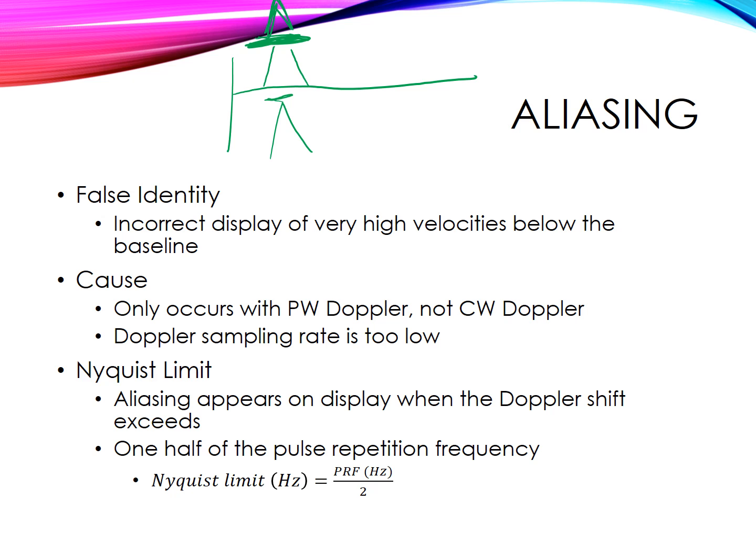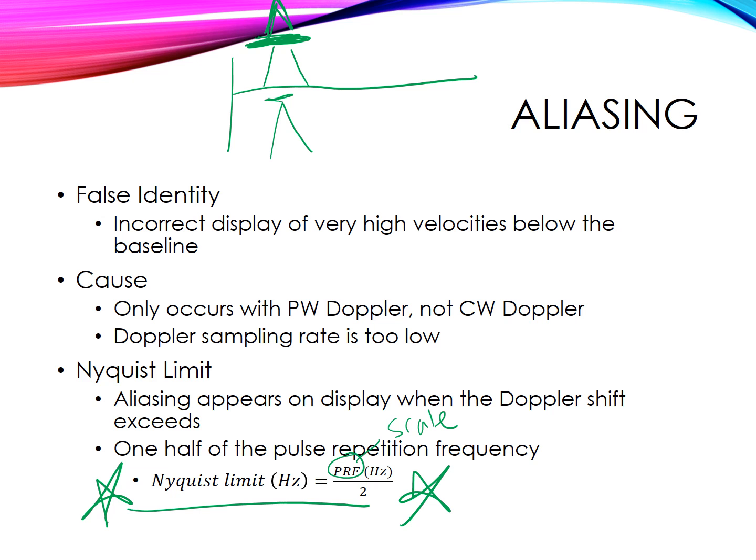So that Nyquist limit we kind of consider to be a speed limit. And that aliasing is going to appear when the Doppler shift exceeds the Nyquist limit. This equation here you will need to memorize. The Nyquist limit is measured in hertz, and it equals the PRF divided by 2. PRF, as we've learned before, is another word for scale.